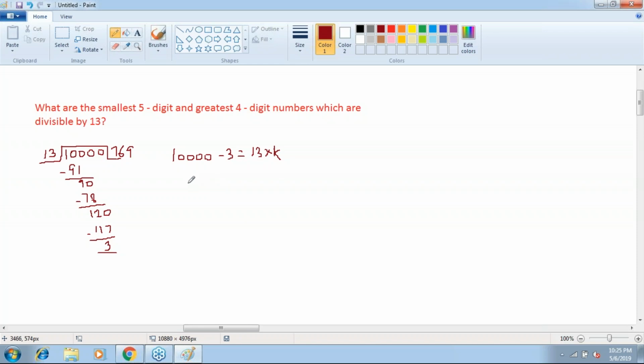So the answer to the first question is 9997. I subtracted 3 from 10,000, and the answer to the first question comes out as 9997.